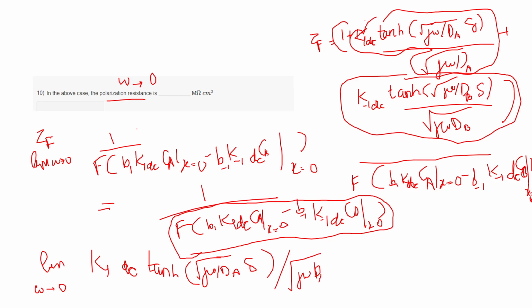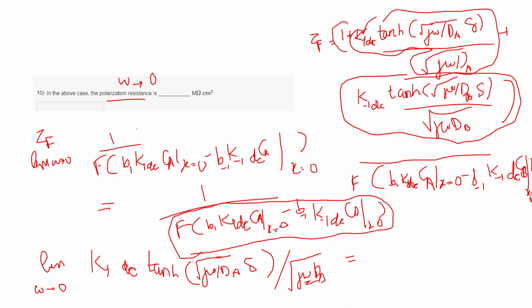Now what happens if you are applying omega tends to 0? If you apply omega tends to 0 directly, you have omega in the denominator, so that will directly become 1 by 0, you get an infinity. So that is not possible. That's not the way you have to solve it.